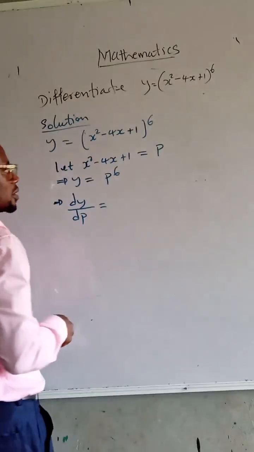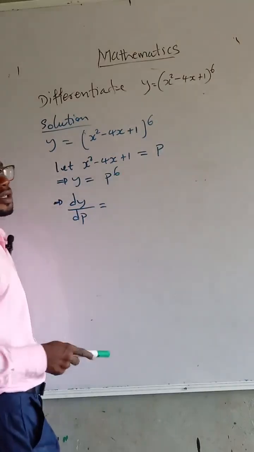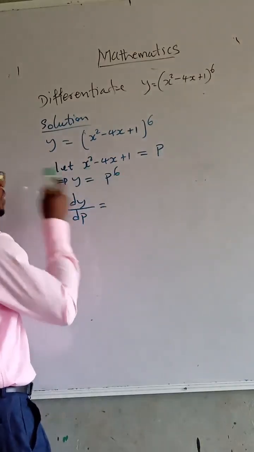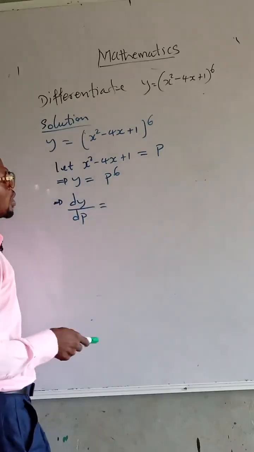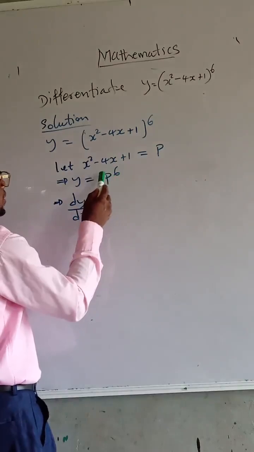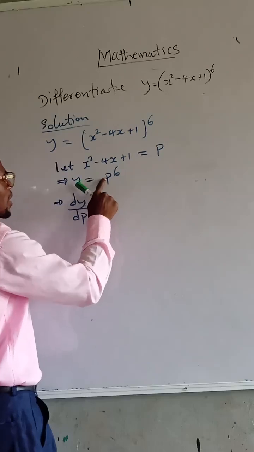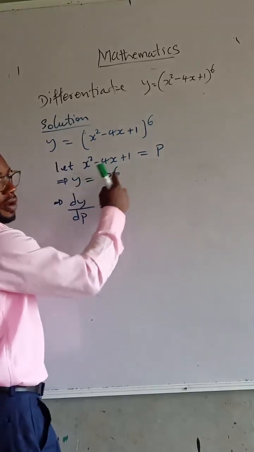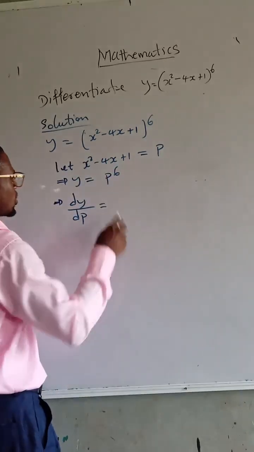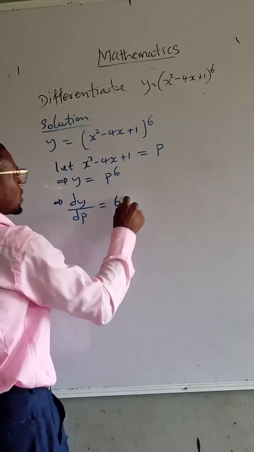In differentiation, the exponent decreases. I take the exponent and multiply it by p, and the exponent gets reduced by 1. So I have 6p, and 6 minus 1 gives 5. This is the first thing.